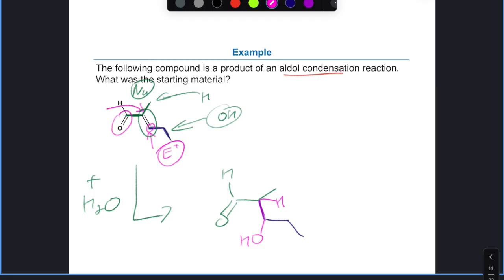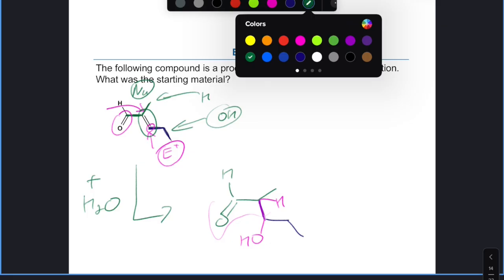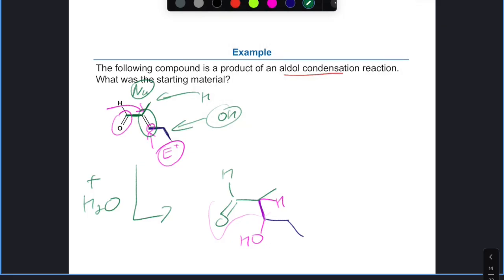All I'm doing is I'm hydrating the double bond, putting the oxygen from the water on the third carbon, the one distal to your alpha-beta unsaturated system. The hydrogen is the one that sits in between the carbonyl and the alcohol center. This is your beta-hydroxy aldehyde or beta-hydroxy ketone between the two. So that means going back to the starting material, I'm going to fragment this bond between the two.